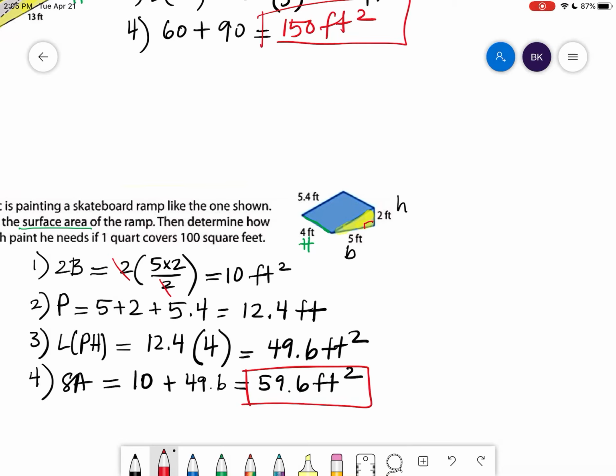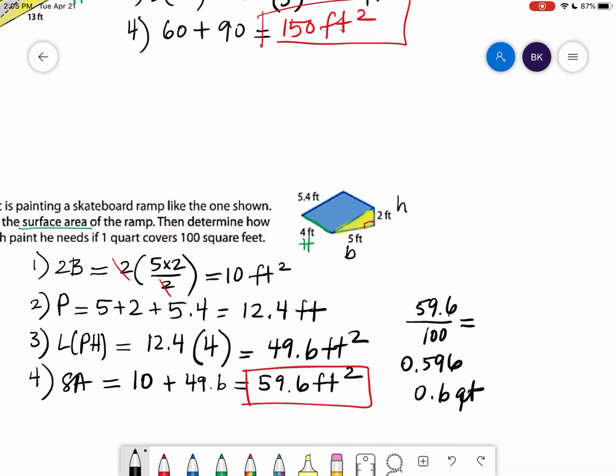I'm going to take 59.6 and divide it by 100, and you will see that you actually need 0.596 or 0.6 quarts. Okay, so a little bit over half the quart of the paint.